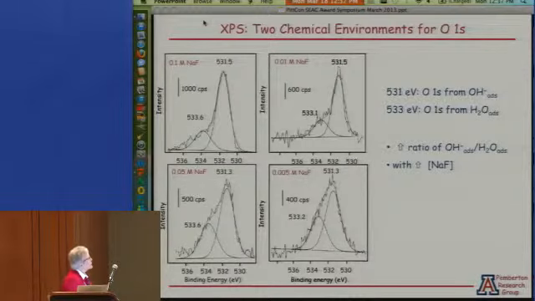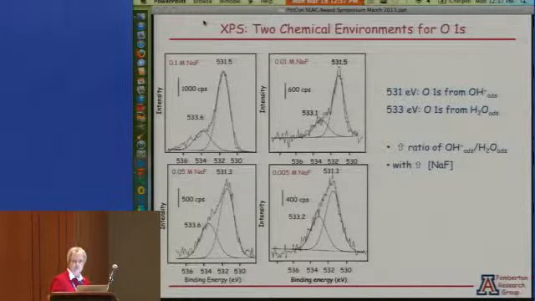And if you look carefully at the XPS data, what you see is that there's actually two chemical environments for the oxygen 1s, one of which comes from adsorbed hydroxide ions at the interface, and one of which actually comes from water. Okay? And the ratios of these two do change as you change the electrolyte concentration. And so there's no fluoride, but the adsorbed counterion in this case at these positively charged electrodes is actually adsorbed hydroxide.